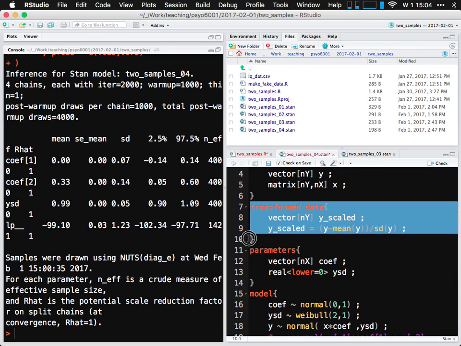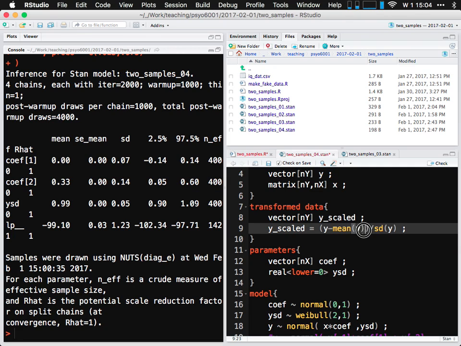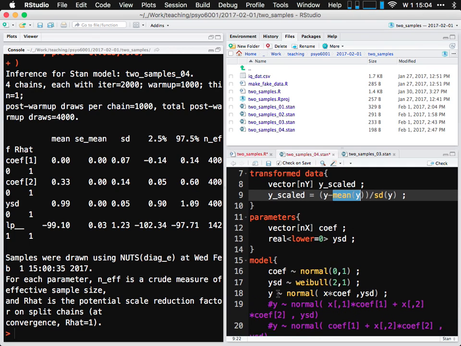But critically, by not passing it the scaled version of y, but scaling internal to the Stan, it means that we still have y kicking around, and we know what SD of y is, and we know what the mean of y is. So we'd express the model not in terms of y being normally distributed, but y scaled.